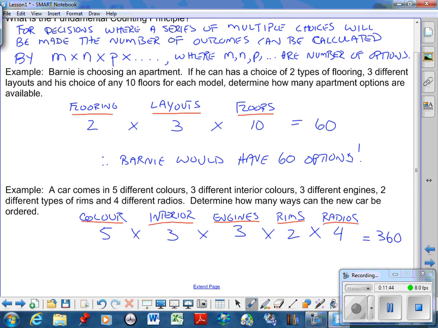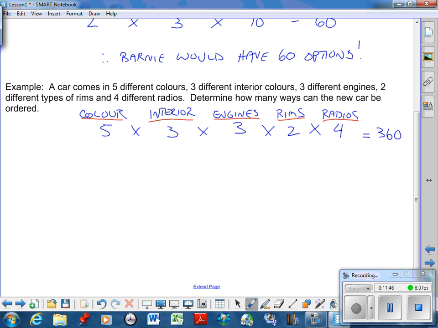So if you're going in to buy a car, therefore you would have 360 options just to go in and buy a car. So you really have a lot of choice. You just maybe don't, because you've got certain tastes, that choice is narrowed down. But anyway, there you are.